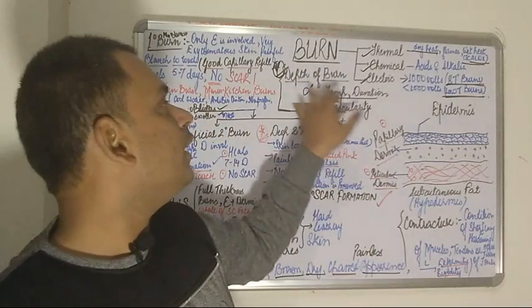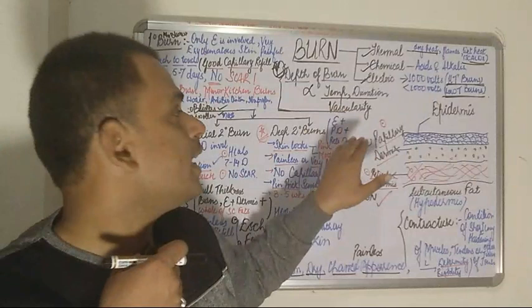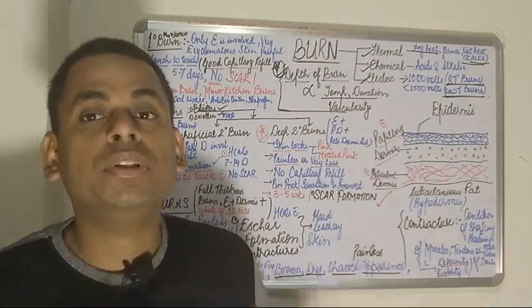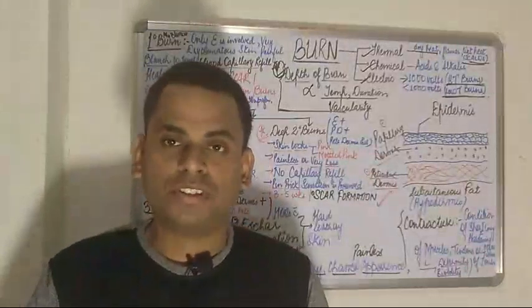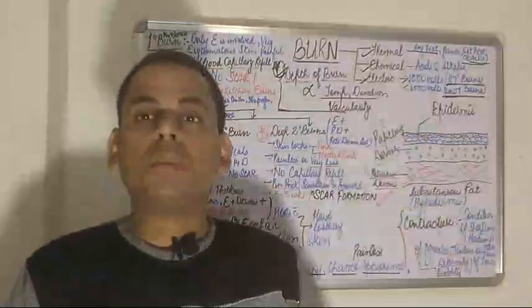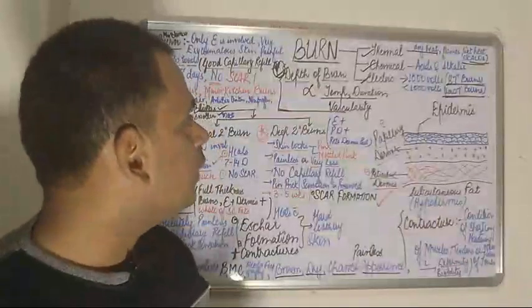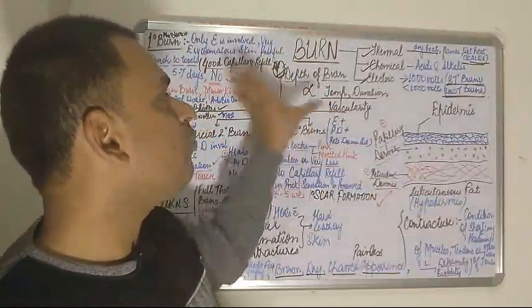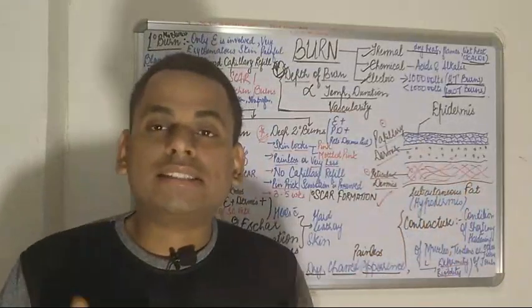Moving on to the next important criterion, the depth of the burn is inversely proportional to the vascularity. The more vascular the area, the lesser the depth of the burn, and the less vascular the area, the more the depth of the burn. So students, this was the golden formula to assess the depth of the burn and its severity.